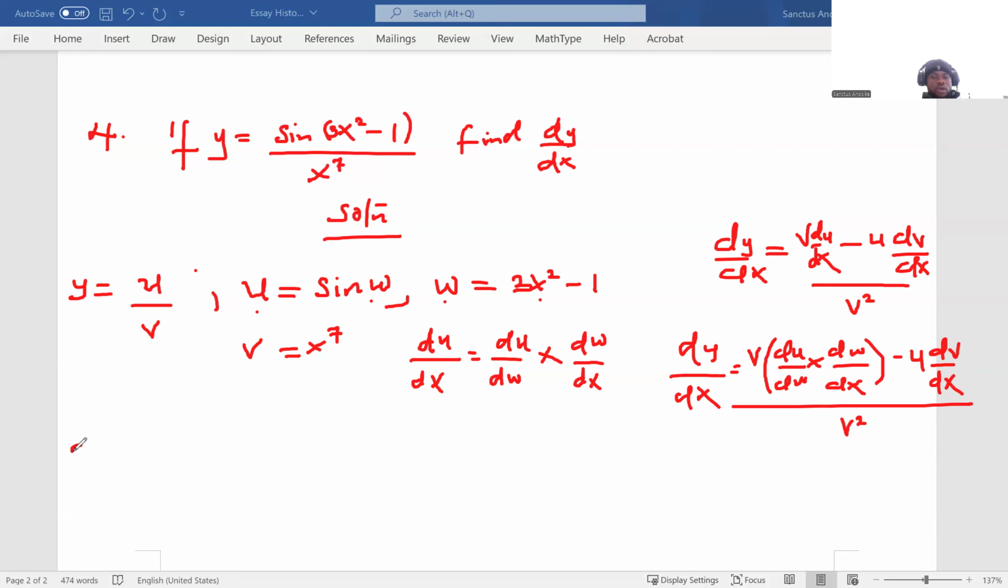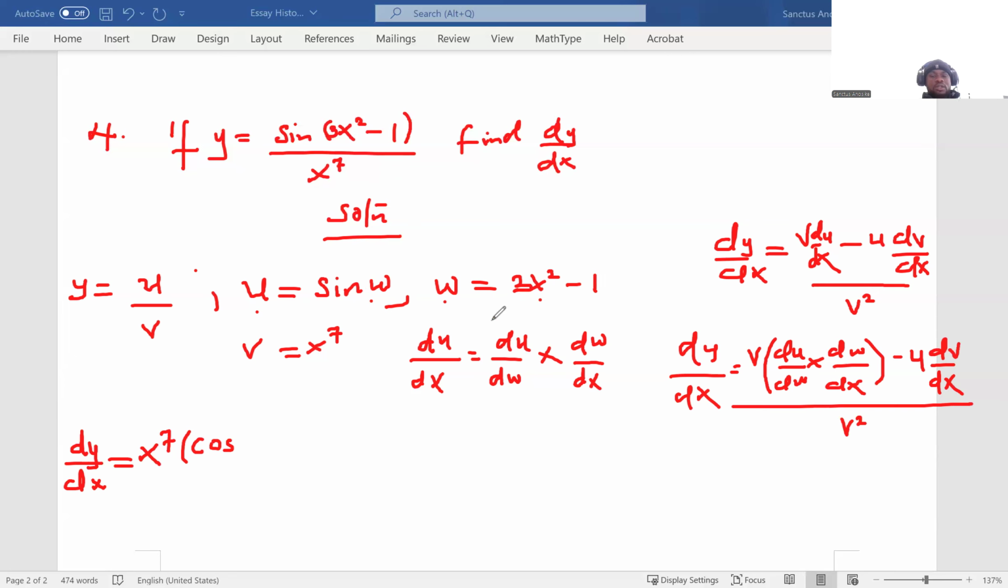So now dy/dx will be equal to v. What's our v? Our v is x to the power 7. So x to the power 7 bracket du/dw. If you differentiate sine w, you will have cos w, okay? So we'll have cos w. And what's our w?